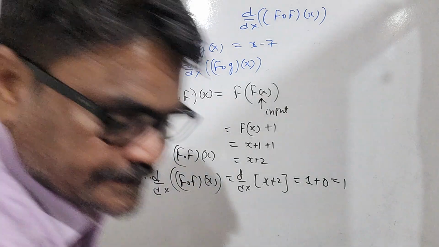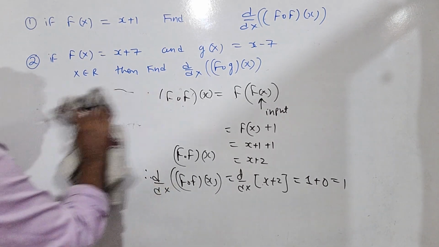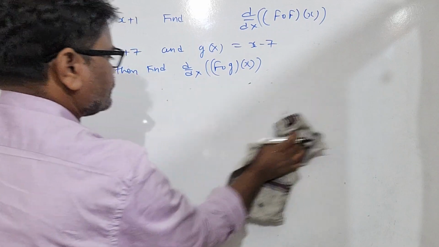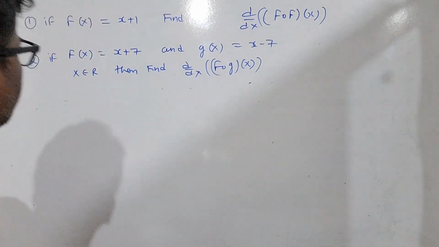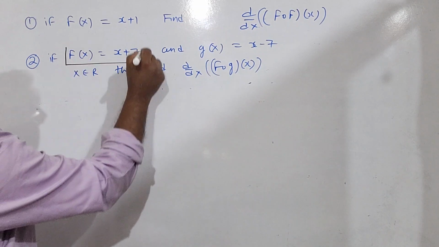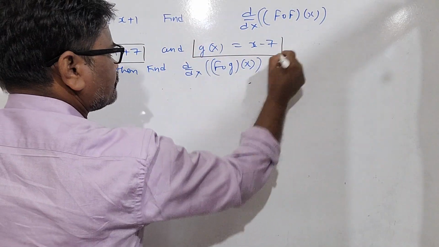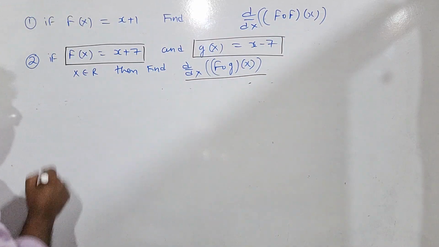Now come to the second one. Similar concept we will apply. Here f of x is given as x plus 7 and g of x is x minus 7. We have to find the derivative of fog of x.